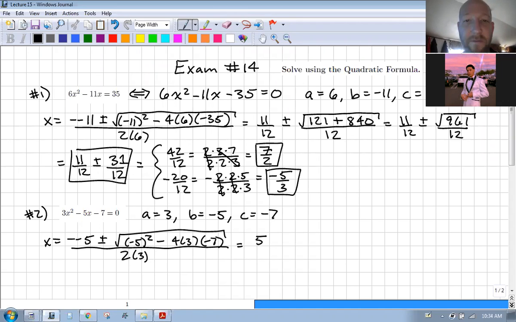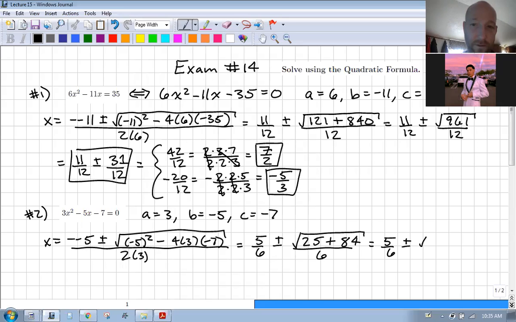Let's see, we have 5/6 plus or minus the square root 25 plus, let's see, 21 times 4 would be 84, all over 6. So we got 5/6 plus or minus the square root of 84 and 25, 109.